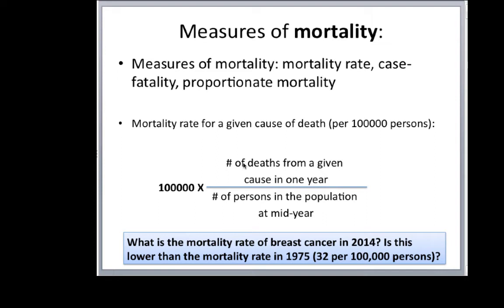And because deaths change the population number, you would have to take the population at the midpoint of the duration of time you're asking about. In this example, I'm asking you to calculate mortality rate per 100,000 persons, so you just multiply by 100,000.